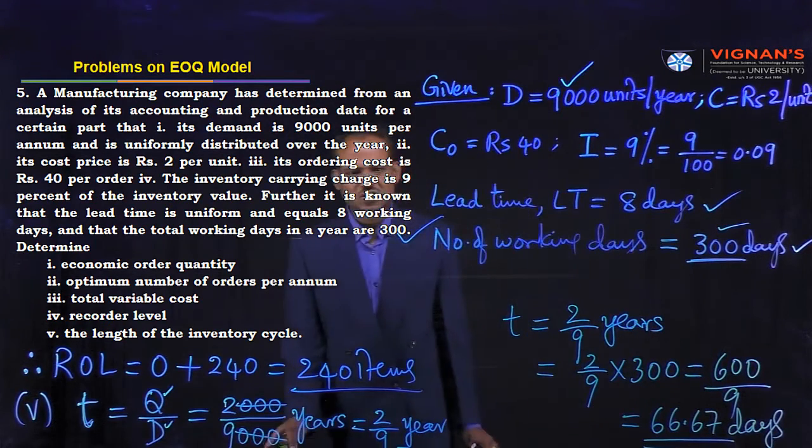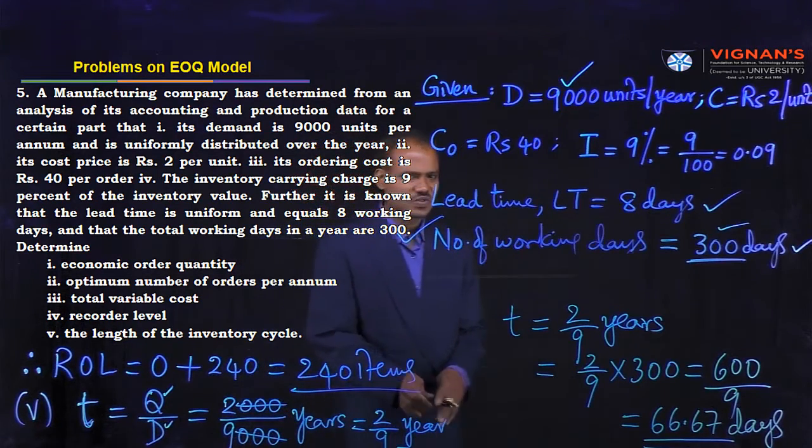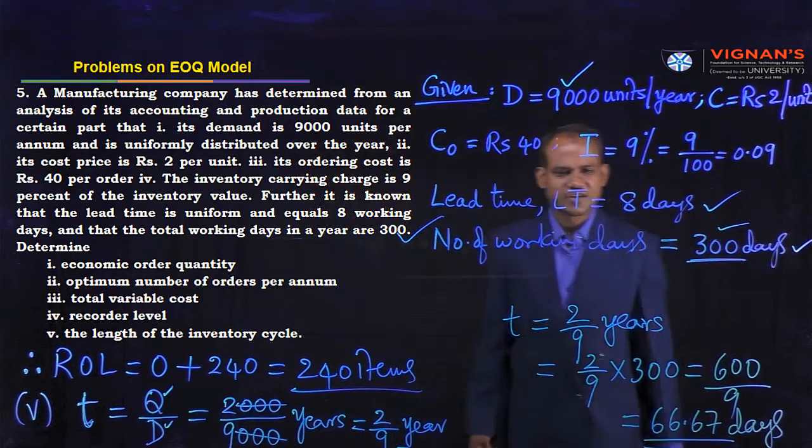The time between the orders is 67 days. Okay, did you understand?